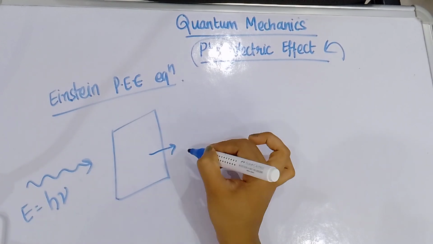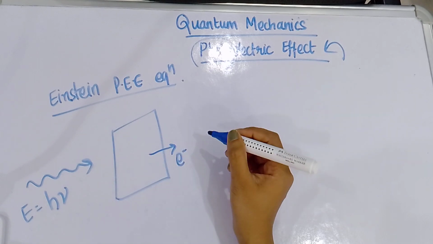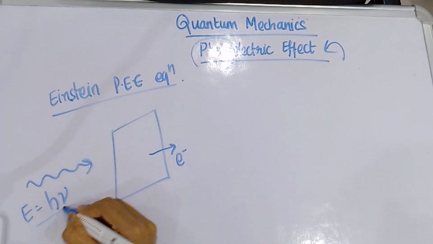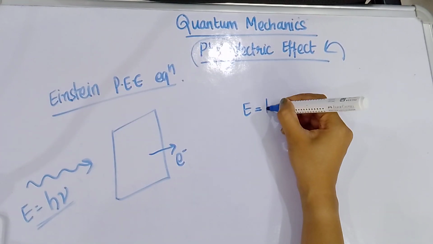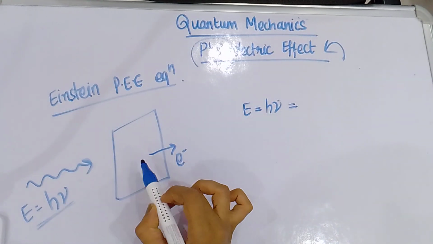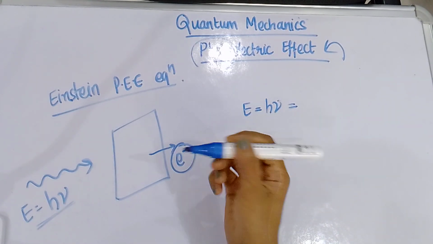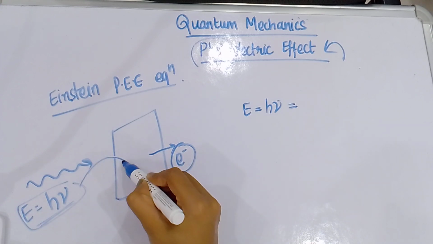Because of which, when the frequency was greater than the threshold frequency, the electron was ejected. So E, the energy of the photon, h nu, is actually the sum of the maximum kinetic energy of the electron. So this energy is given to the electron, right?